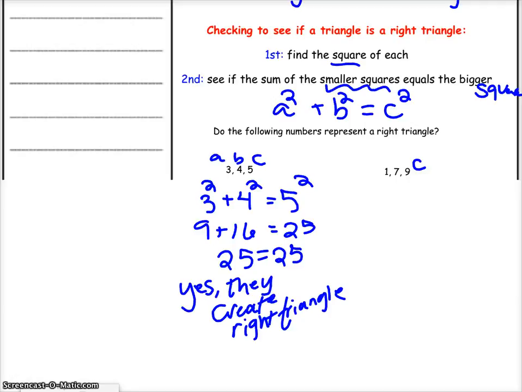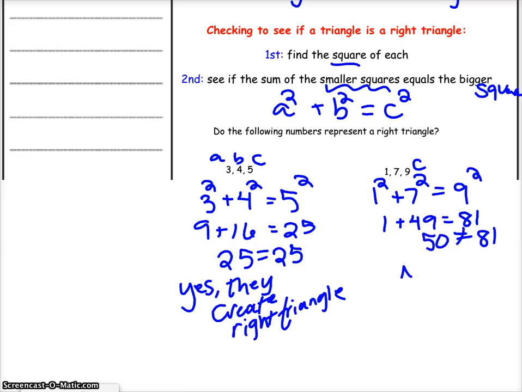So then I don't care which one is A and B. So does 1 squared plus 7 squared equal 9 squared? Does 1 plus 49 equal 81? No. 50 does not equal 81. No, you can't. Not very formal, but I didn't want to write right triangle. Okay?